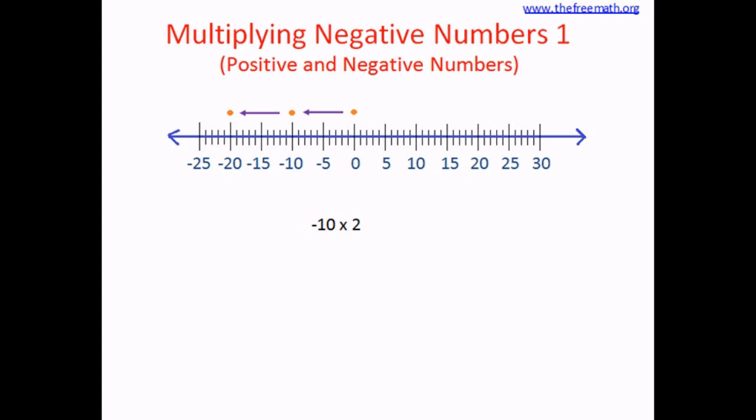When you take 10 steps for the first time, you would reach negative 10. And when you do it the second time, you reach negative 20. That means negative 10 multiplied by 2 equals negative 20. So you can see that when you multiply a negative number and a positive number, the answer is negative.